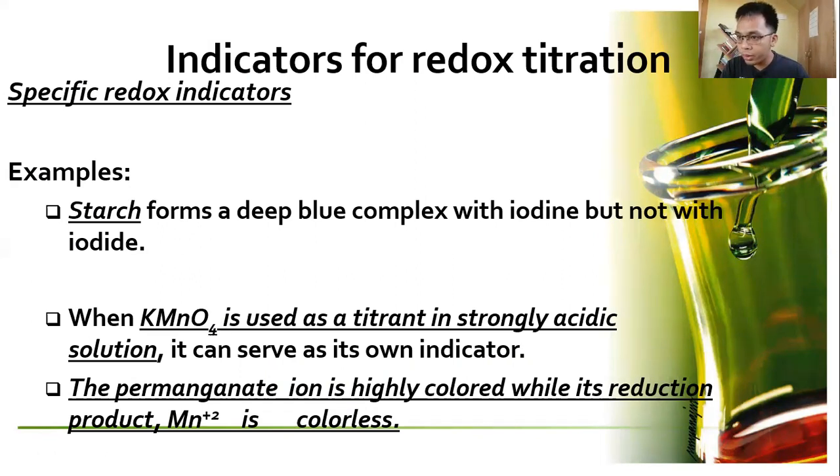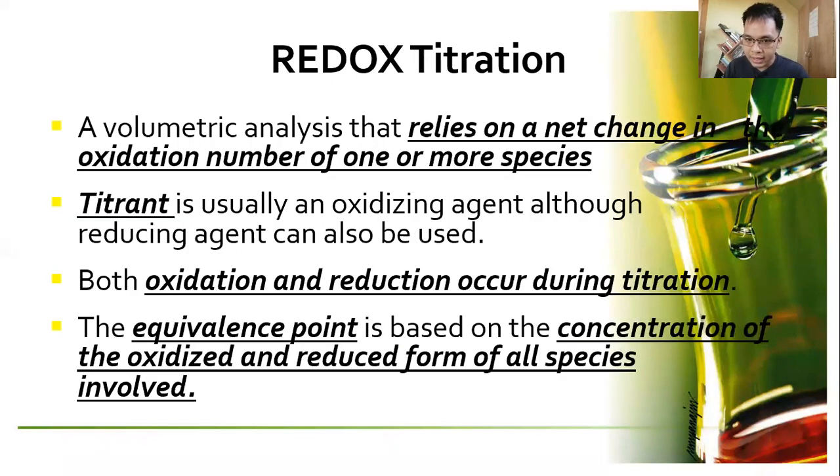Siyempre, kapag strong oxidizing agent siya, mare-reduce into manganese. The permanganate ion is highly colored, while its reduction product, the manganese ion, is colorless. So, hindi mo na kailangan maglagay ng indicator. Pero dito sa iodometric titration, kailangan mo ng starch as the indicator. And by the way, this one here is used in permanganometry. So those are the indicators and the titrants.